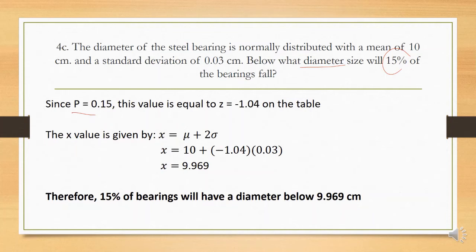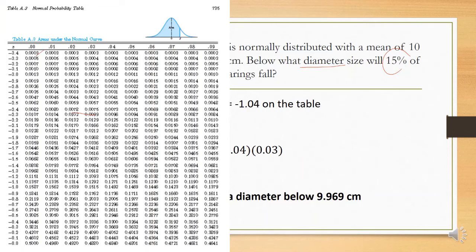So, ang gagawin ninyo is to look at the table at iisa-isahin na titignan alin dyan ang eksaktong 0.15 or malapit sa 0.15. So, dito tayo banda, ito na yung mga 0.15 natin. Ayan. No? So, ang pinakamalapit ay itong dalawa.